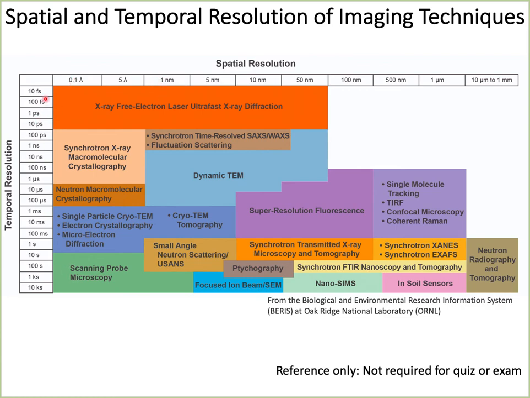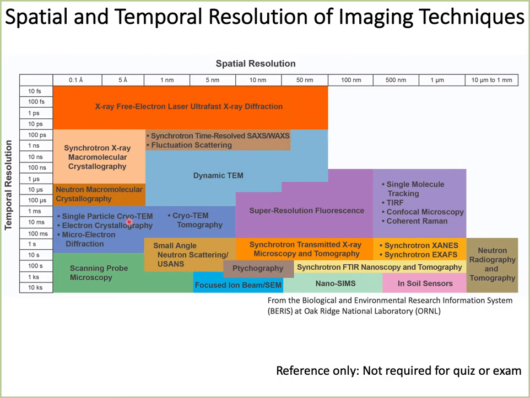On the other hand, this is the scale of femtosecond, picosecond, nanosecond, microsecond, millisecond, second to kilosecond. This is the temporal resolution. These are the techniques used to measure any dynamic process on this scale. And this is the resolution, the separation of 2 points, the spatial resolution.